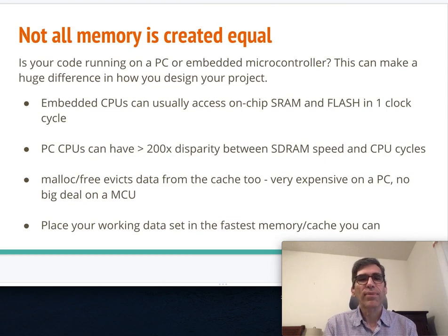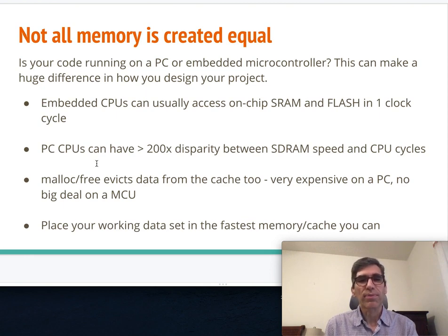So let's talk about the memory. Embedded CPUs, like your typical Arduino kind of controllers, typically have static RAM and flash memory on the chip that are the same speed as the CPU, and so there's no real extra cost to reading and writing data from memory. They don't have a cache mechanism because it's not necessary.